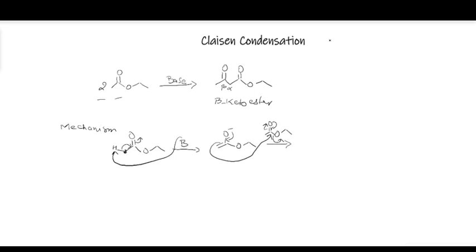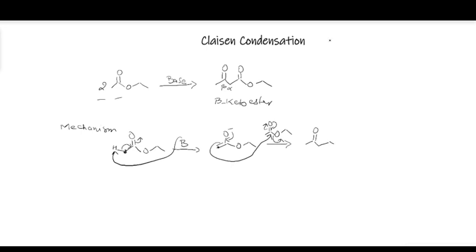So you can see that this carbonyl is restored in this fashion. This alkoxide anion is removed, and this alpha carbon, from which earlier we had abstracted a hydrogen with the help of a base, is now attached here.